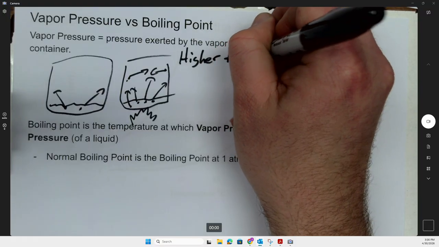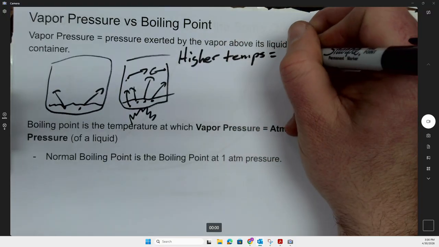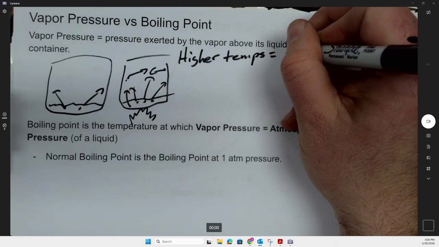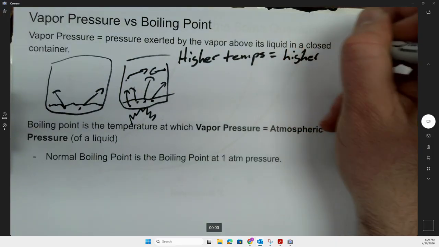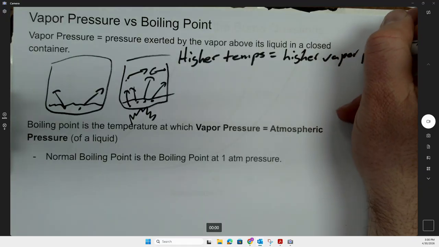Higher temps equal higher vapor pressure.